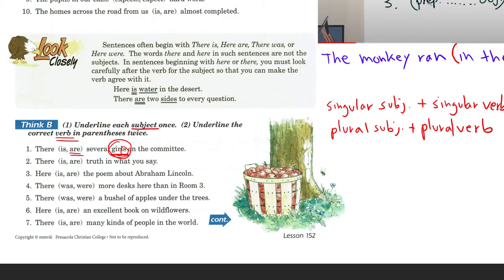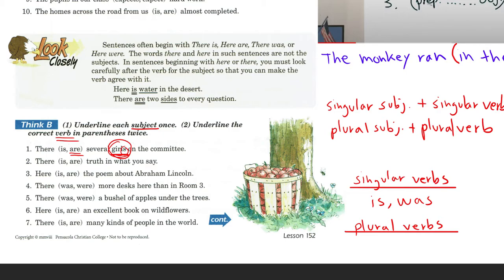So just look for the subject, see if it's plural or singular, and then pair that up with the plural or singular verb. Let me make a list here. Examples of singular verbs are is and was. Examples of plural verbs are are and were. So that should help you.